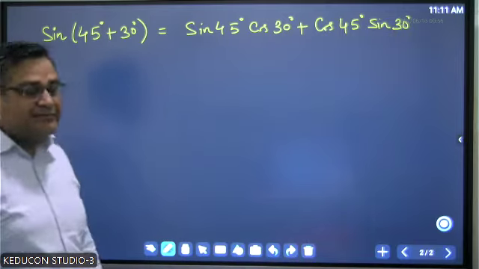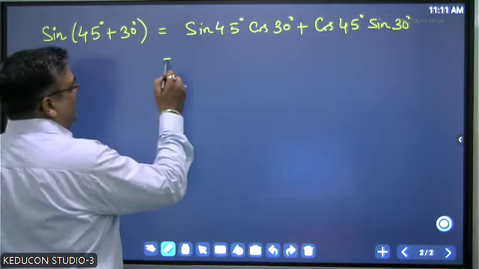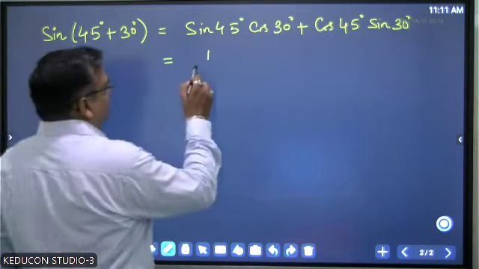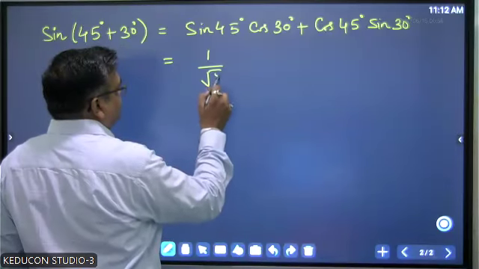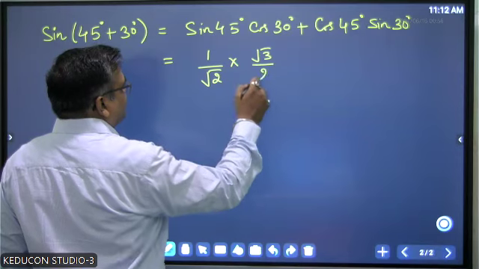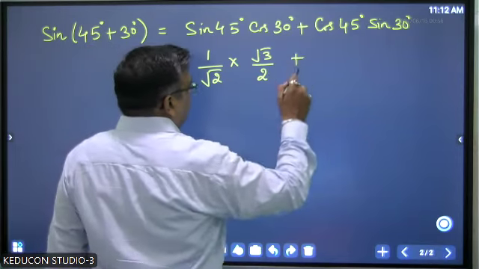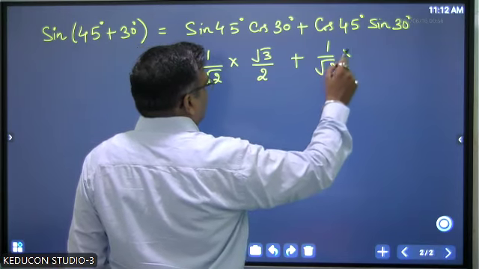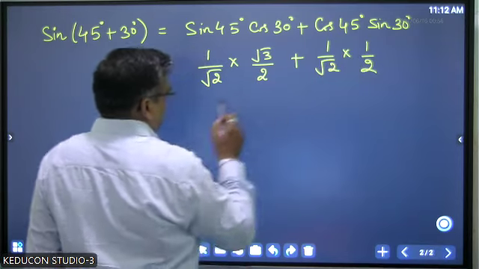Right? The value of sine 45 is 1 by root 2, value of cos 30 is root 3 by 2, plus cos 45 again 1 by root 2. Sin 30 is 1 by 2.